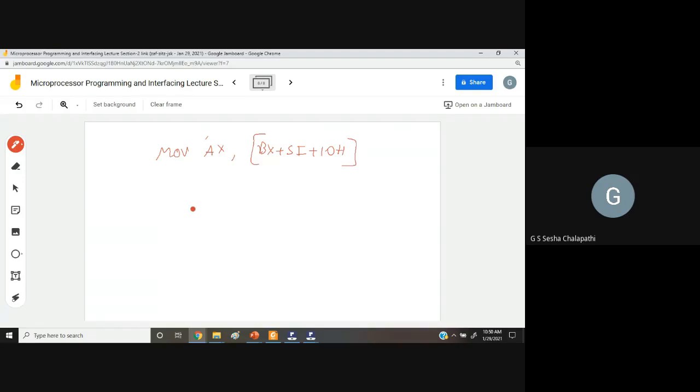Let us say again here BX will determine which segment I will use. Let us say the DS value is 1000H, BX is 2000H, and SI value is 3000H. So now what will happen? DS multiplied by 10H plus BX plus SI plus 10H.